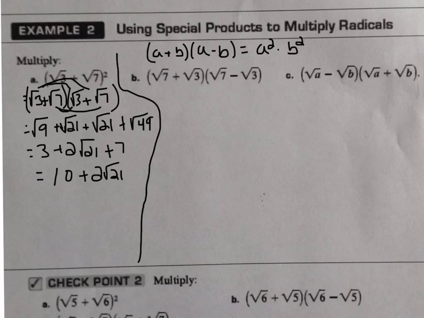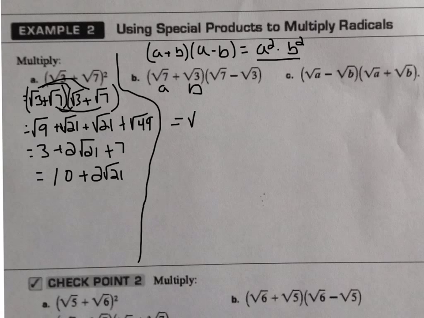Okay, A is representative of the first term in each binomial. B is representative of the second term of each binomial. And so if we look, the first terms are both A's, or both square roots of 7, sorry. Those are our A's. And the second terms are both square roots of 3. Those are our B's. And to get our answer, we just have to take A squared minus B squared.